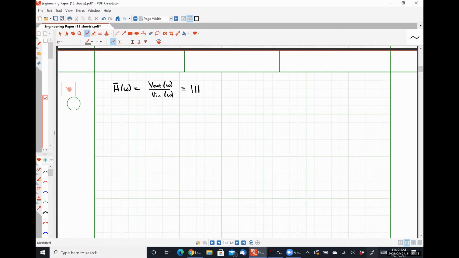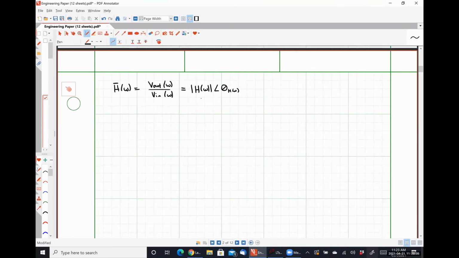We are going to have a magnitude of H of omega and a phase angle for H of omega. The overwhelming majority of the time, most people are only interested in the magnitude, but there are certain applications where the phase response becomes important as well.